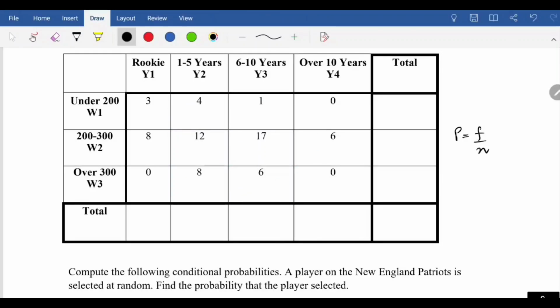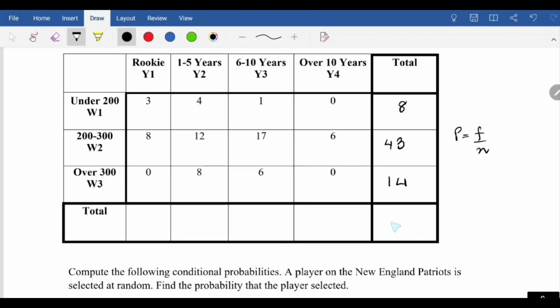Okay, so I'm going to write down the total values. So 3 plus 4 plus 1, so the total of those under 200 pounds is going to be 8. Then we have 43, which is the sum of all those in this weight range, 200 to 300. And then we have 14, right?